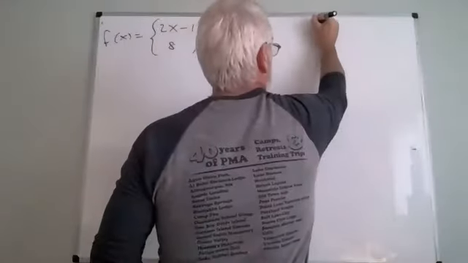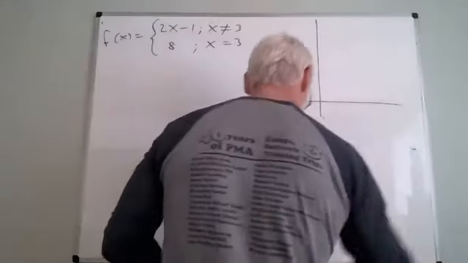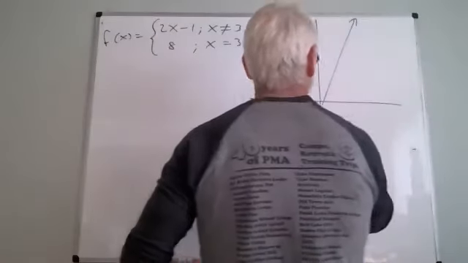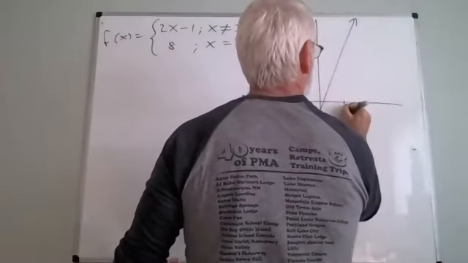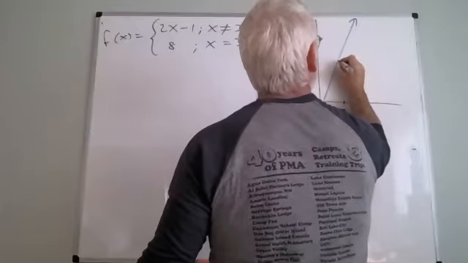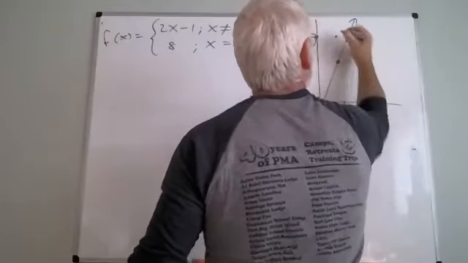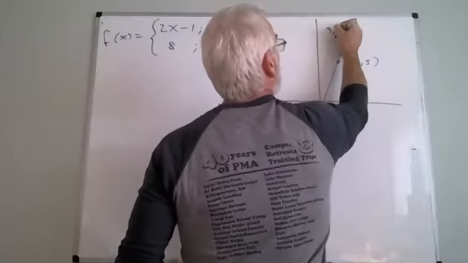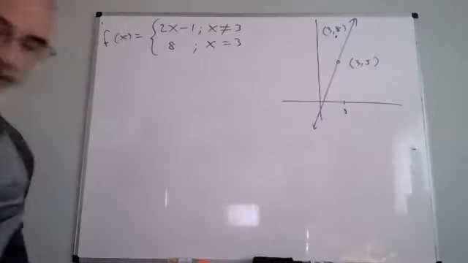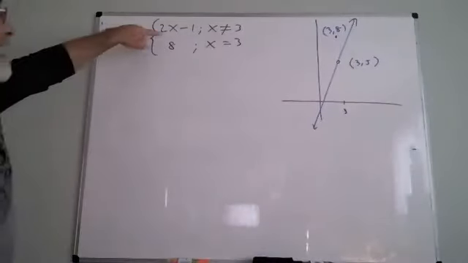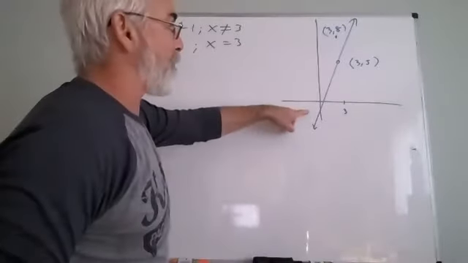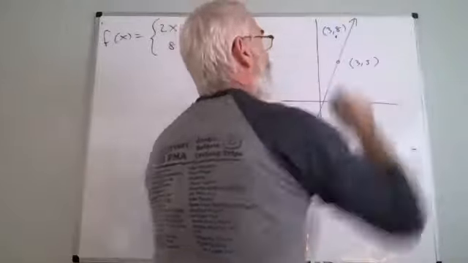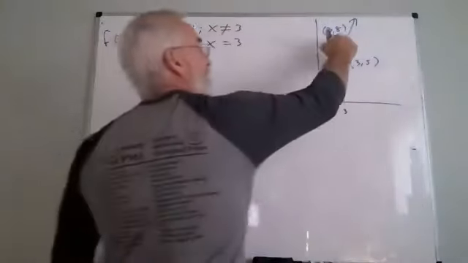It's a line that would be the point (3, 5), and that would be the point (3, 8). So do a quick check here. It looks like the line y equals 2x minus 1 for all values except 3, which means I've removed 1 point from the graph, and then I filled it in somewhere else.